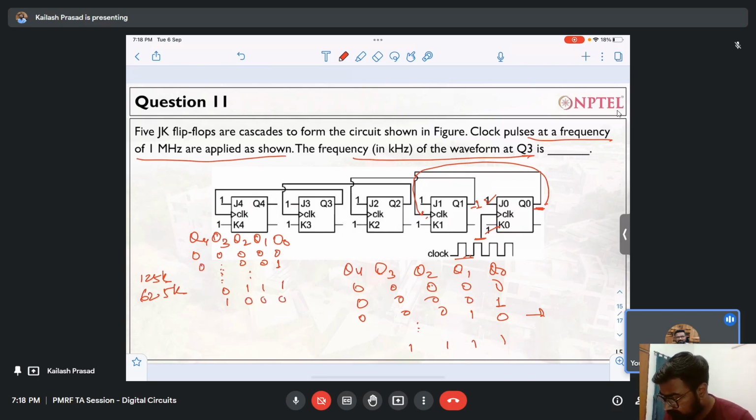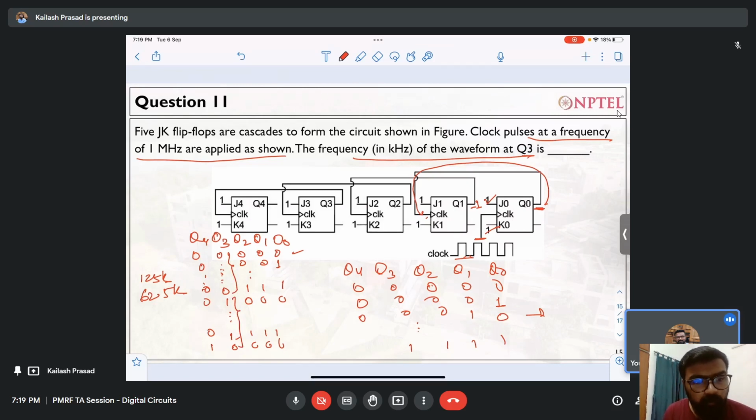Please note that this remains at 0. After the 15th clock cycle, that is actually the 16th one because it started with 0, this will become all ones, and this will remain 0. After that, this becomes 1 and everything remains at 0. If you see Q3, it has remained 0 for 8 clock cycles, and for the next 8 clock cycles it has remained 1.